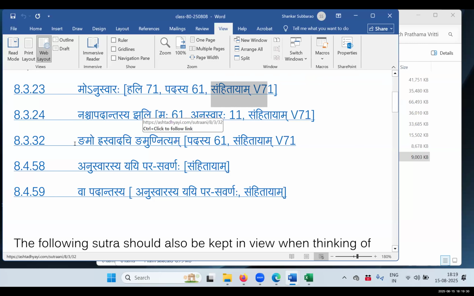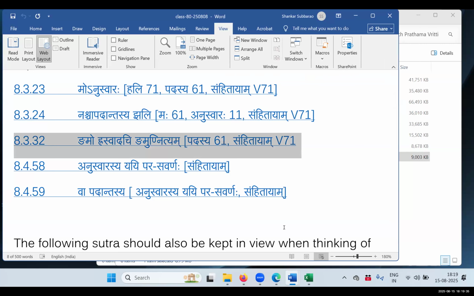Then this one, ngamo hrasvadachi ngamun nityam. What is this saying? This rule is saying that when there is a ngam, what is a ngam? A ngam is nga, na, na: ka kha ga gha nga, ta tha da dha na, and ta tha da dha na.